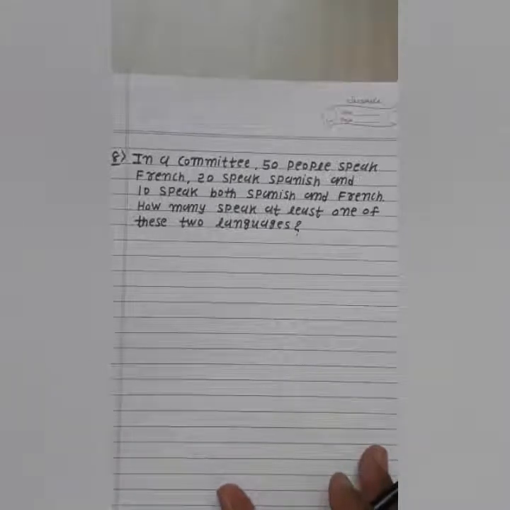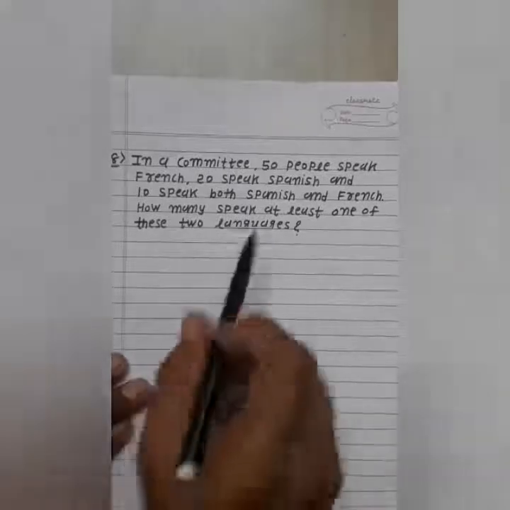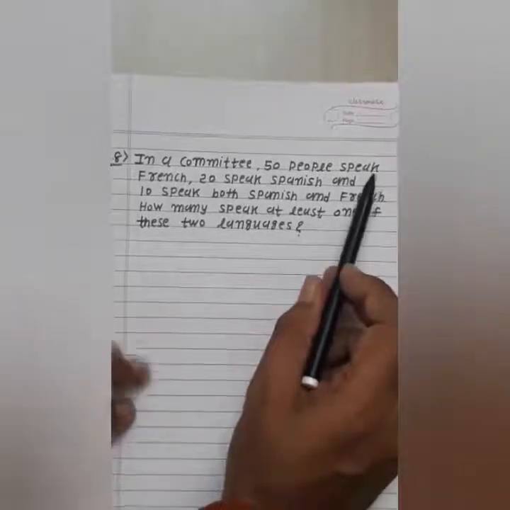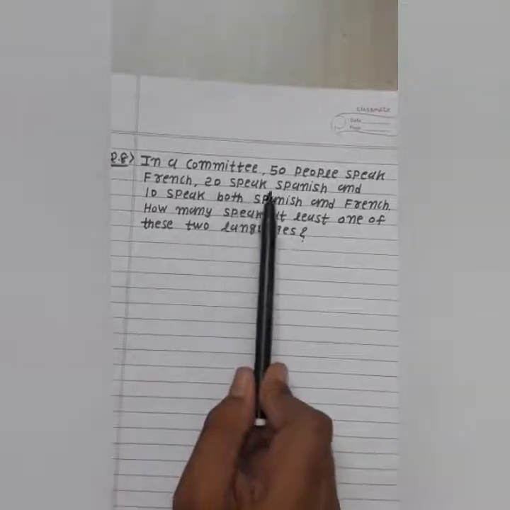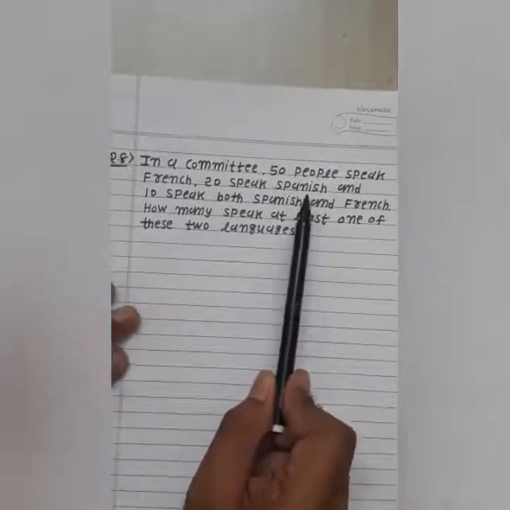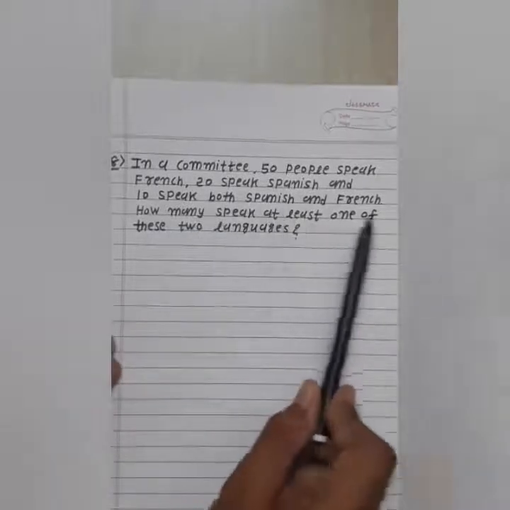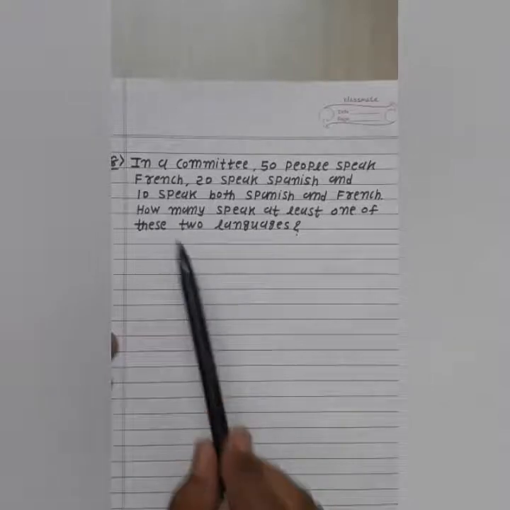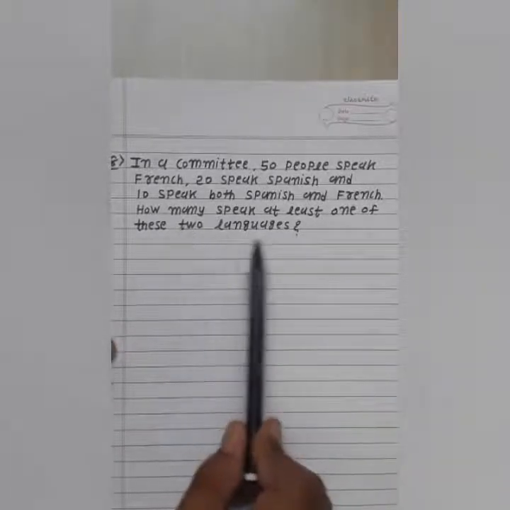Next question. Question number 8. In a committee, 50 people speak French, 20 people speak Spanish, and 10 speak both Spanish and French. How many speak at least one of these two languages?